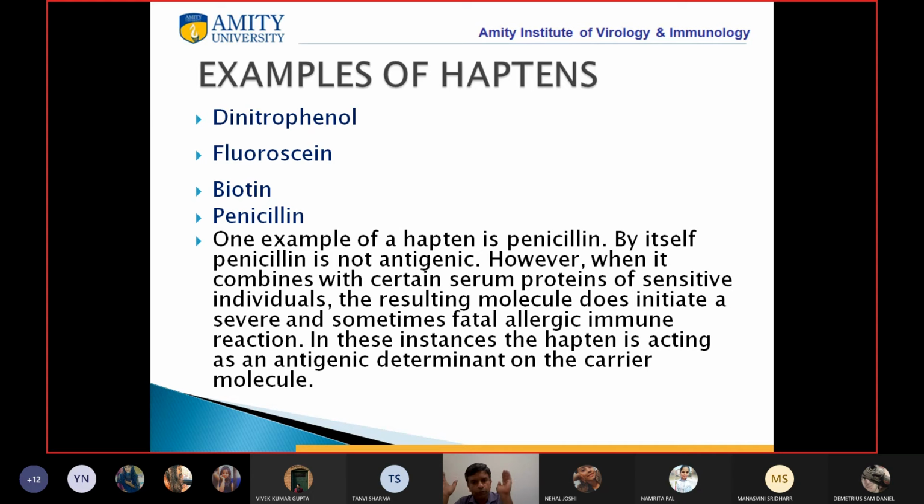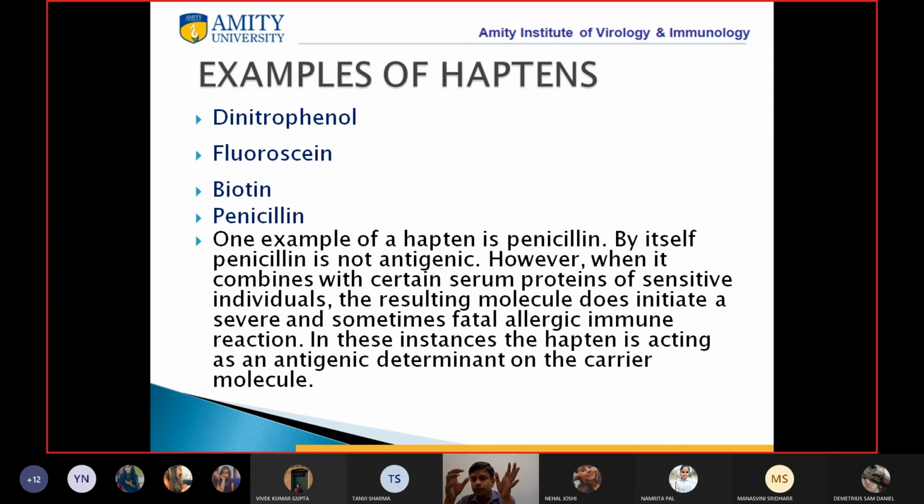So it should be non-antigenic, right? But sometimes when it combines with certain serum proteins of sensitive individuals, the resulting molecule does initiate severe and sometimes fatal allergic immune reactions. So what happens in this case? In these instances, the hapten is acting as an antigenic determinant on the carrier molecule, right?